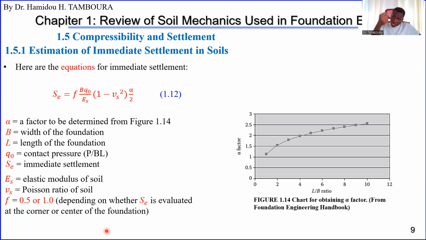Where you are applying load is the center, normally for centric loading. Of course, there are some cases where the load is applied with a bit of eccentricity, but we are supposing here that the load is applied in the center of the footing.